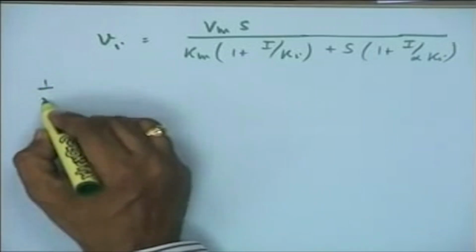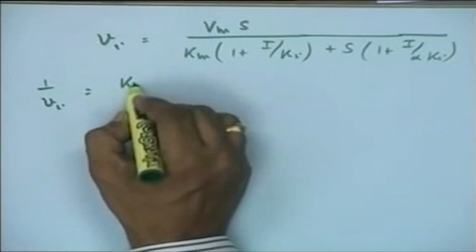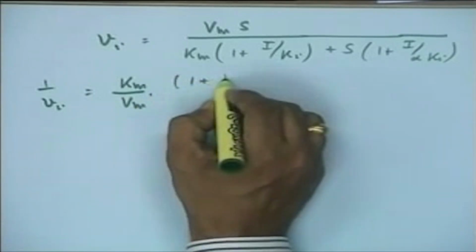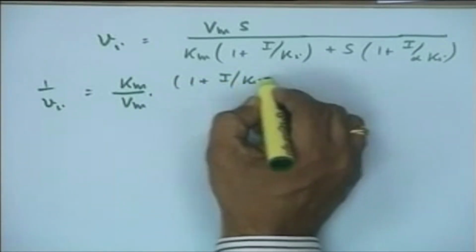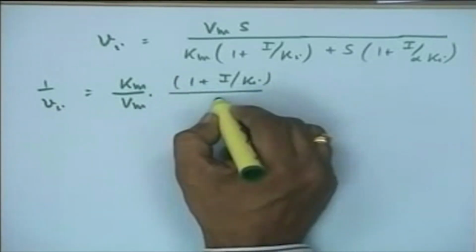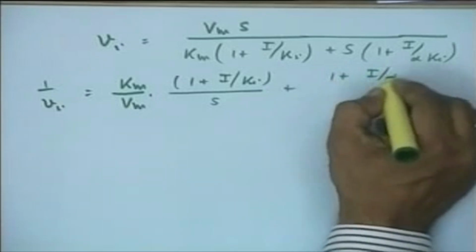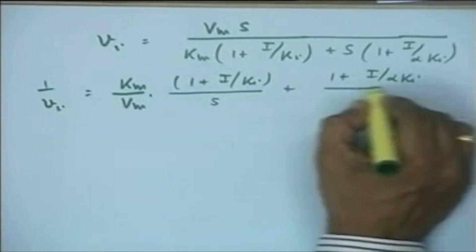And 1 upon Vi is Km over Vm into 1 plus I over Ki upon S, plus 1 plus I over alpha Ki upon Vm.